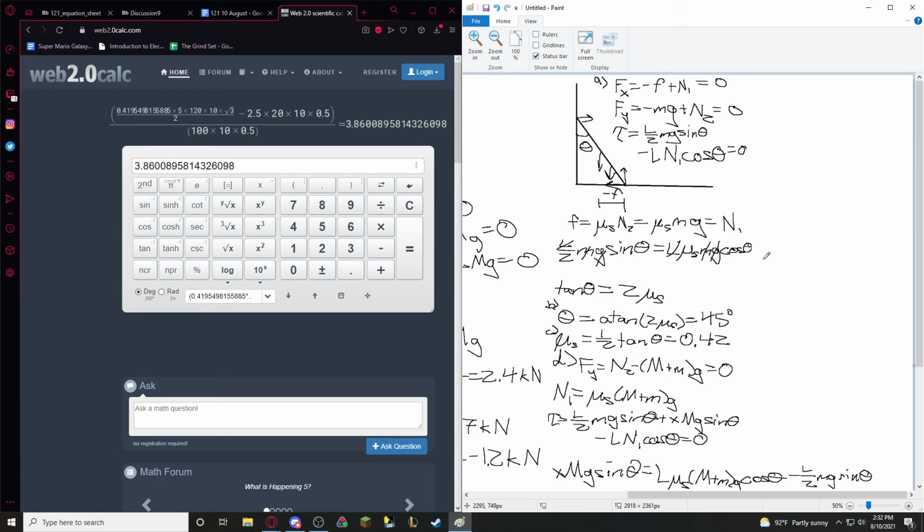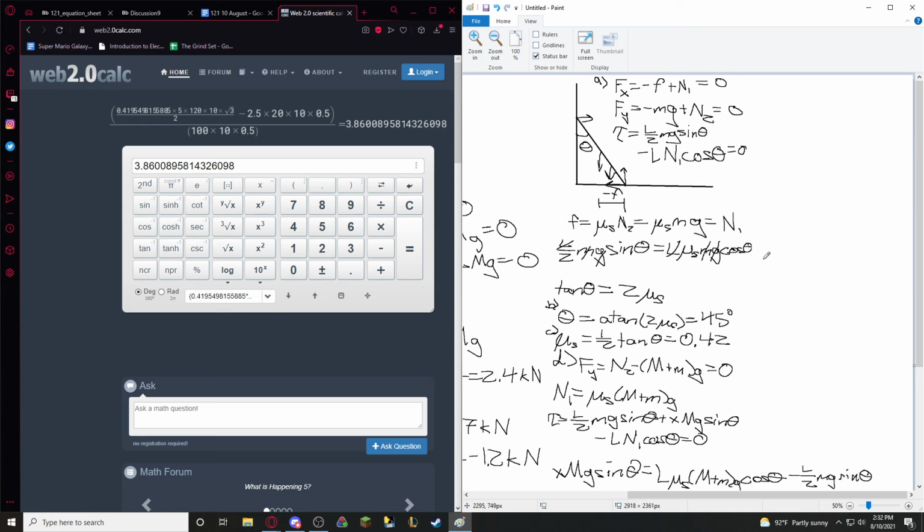Like, this problem would be worth 6 or 8 points alone, because I don't think he would expect you to work on this yourself in less than 15 or 20 minutes. So honestly, tomorrow's quiz, the concepts aren't too difficult. It's just Fx is equal to 0, Fy is equal to 0, torque is equal to 0.